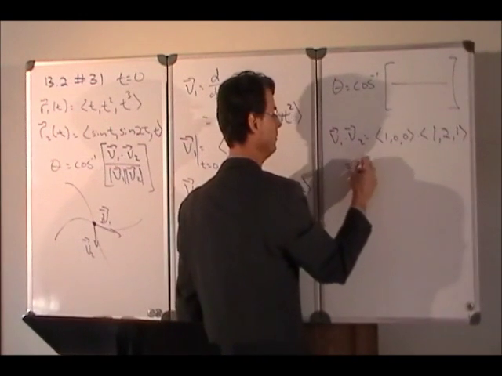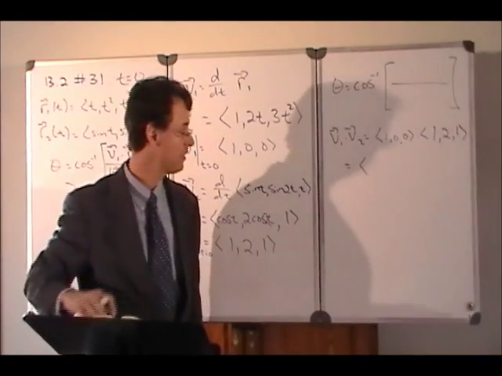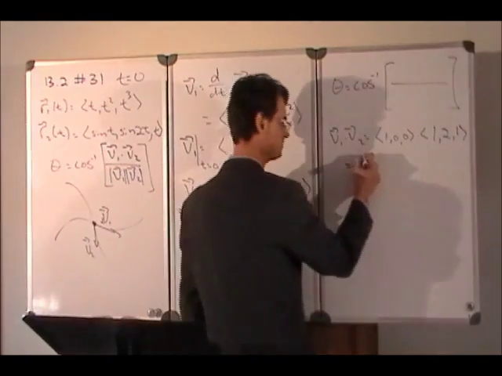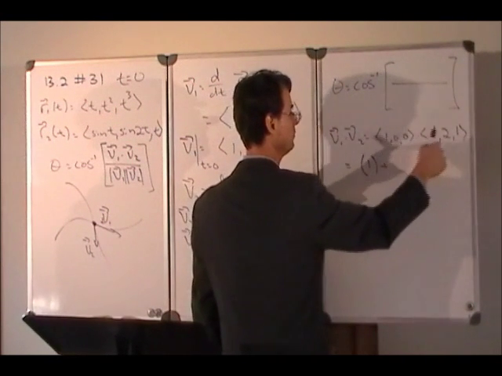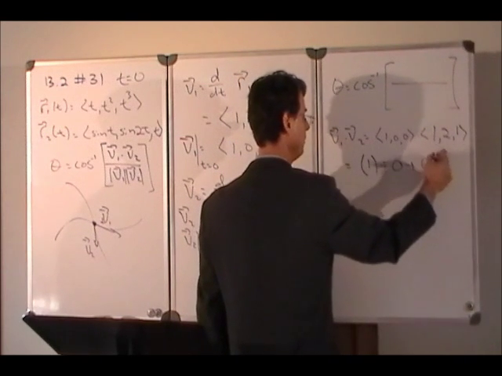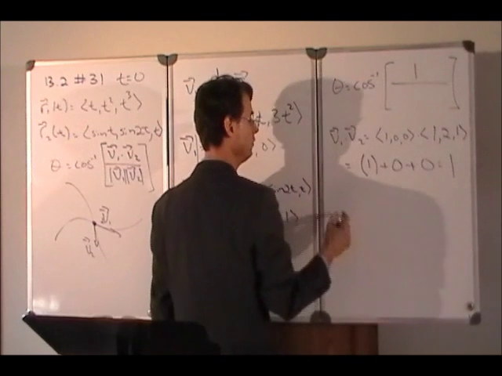And what does that work out to be? Well, it works out to be a scalar, first of all, so let's get rid of the bracket notation at this point. 1 times 1 is 1, plus 0 times 2 is 0, plus 0 times 1 is 0. So the dot product is 1, so we can put 1 in our numerator.